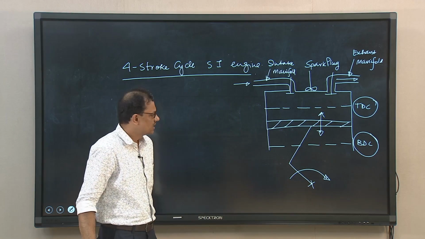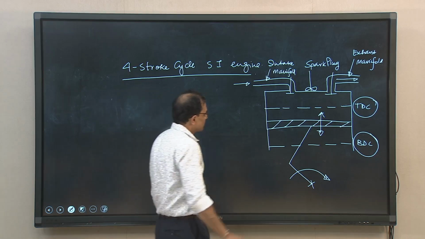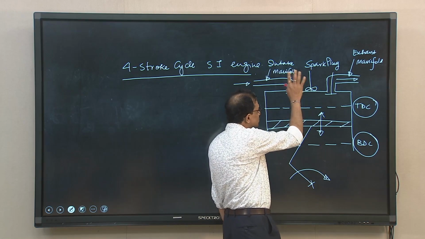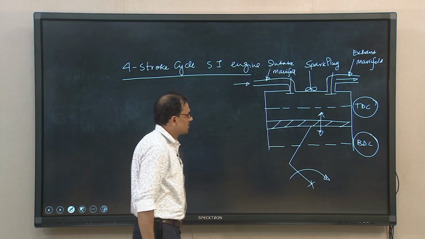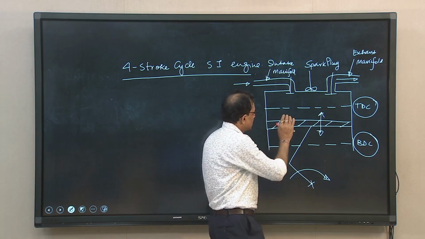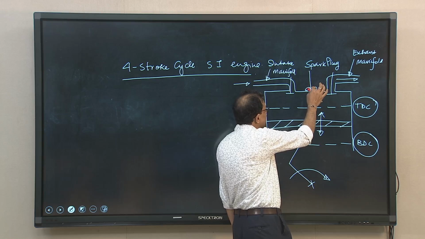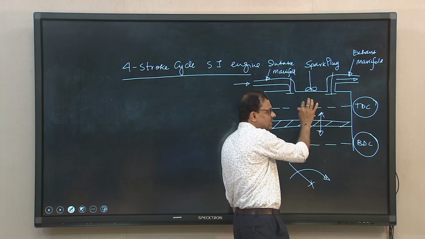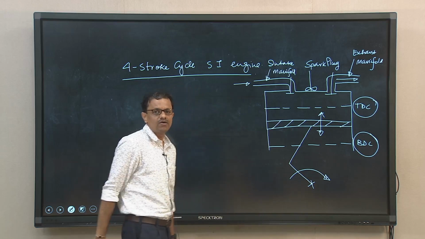That is the compression stroke. When the piston is about to reach TDC, we need to switch on the spark plug, and assuming it takes some finite time, by that time the piston will be reaching TDC and the entire charge will be combusted.